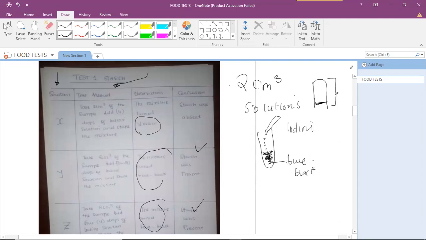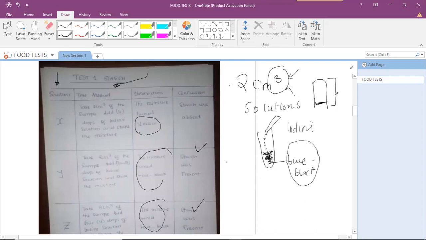You're just adding 2 cubic centimeters. Please don't write square centimeters, it's cubic centimeters. So 2 cubic centimeters of the sample, you add in 3 to 4 drops of iodine solution. Presence of a blue-black color represents that starch is present.